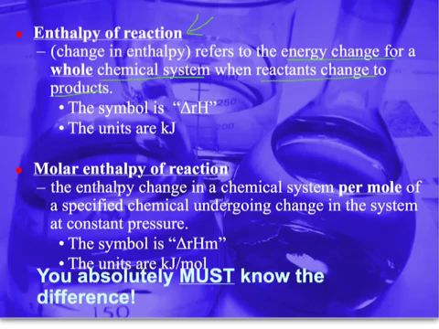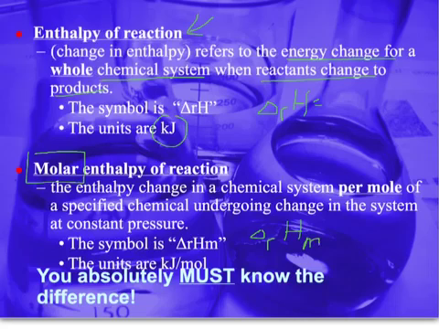The symbol for this is delta subscript r capital H, and the units for this are kilojoules. A very similar measurement is the molar enthalpy of reaction. Here the symbol is delta subscript r H subscript m. The m indicates it's per mole.